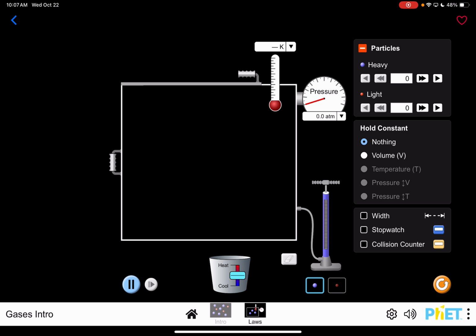When the original experiments on gas properties were done, they always isolated two properties and kept everything else the same. So for instance, we're going to look at how volume and pressure are related.